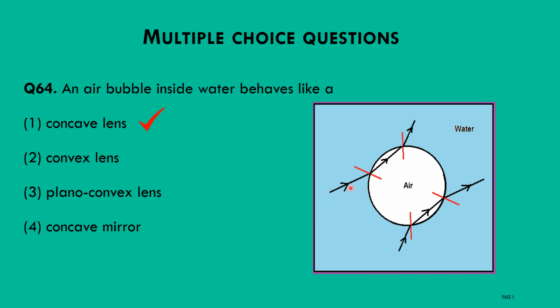The refractive index of water is more than the refractive index of air. Therefore, an air bubble inside the water behaves like a concave lens. Here you can observe multiple refractions. Because of this refraction, an air bubble inside the water behaves like a concave lens.